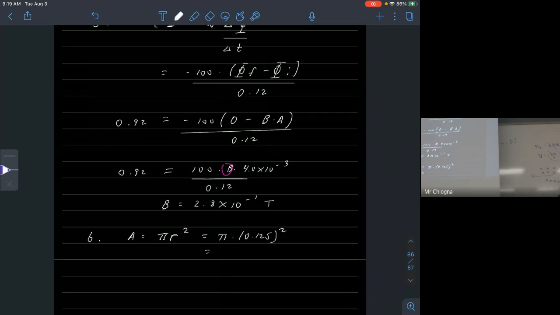Don't forget to convert your meters to centimeters. Your area.